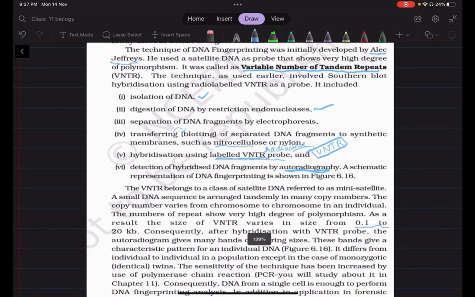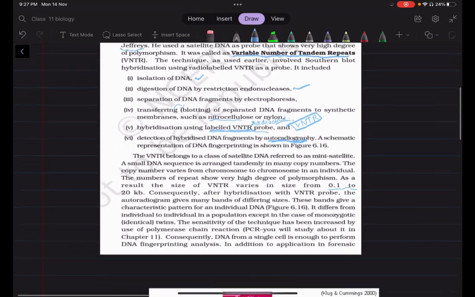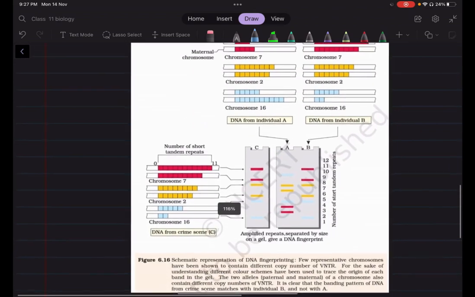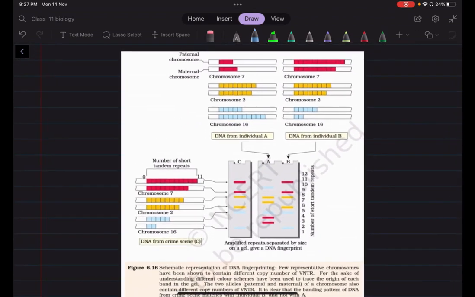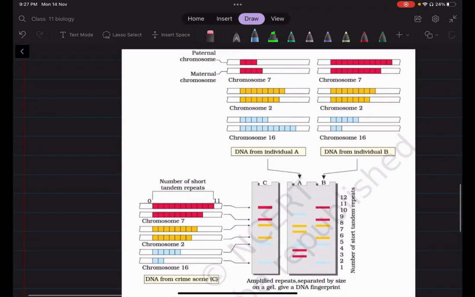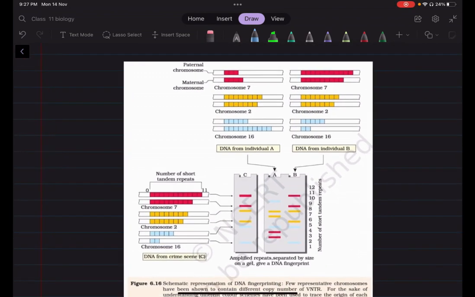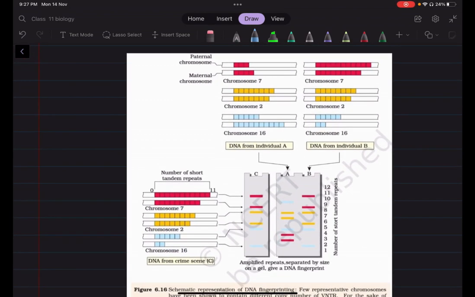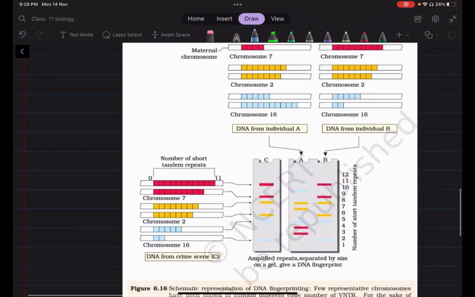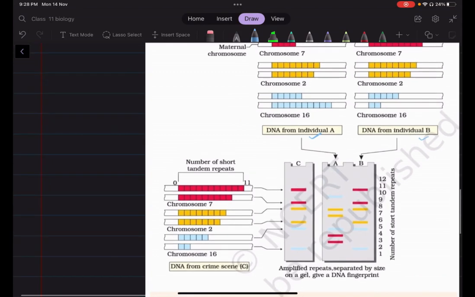When we use this technique, the result will be something like this. Let us say there is a crime scene and we need to find out which one is the culprit, individual A or individual B. We know that when the DNA is the same, the number of VNTRs found will also be the same.